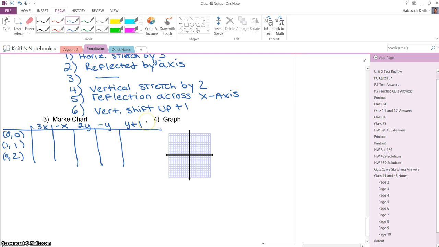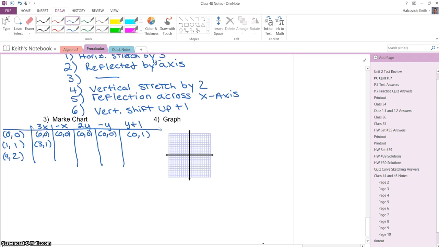So if we go in order, well, 3 times 0 is still 0. -1 times 0 is 0. 2 times 0 is 0. -1 times 0 is 0, and 1 plus 0 is 1. So the end point here is 0, 1. 3 times 1 is 3.